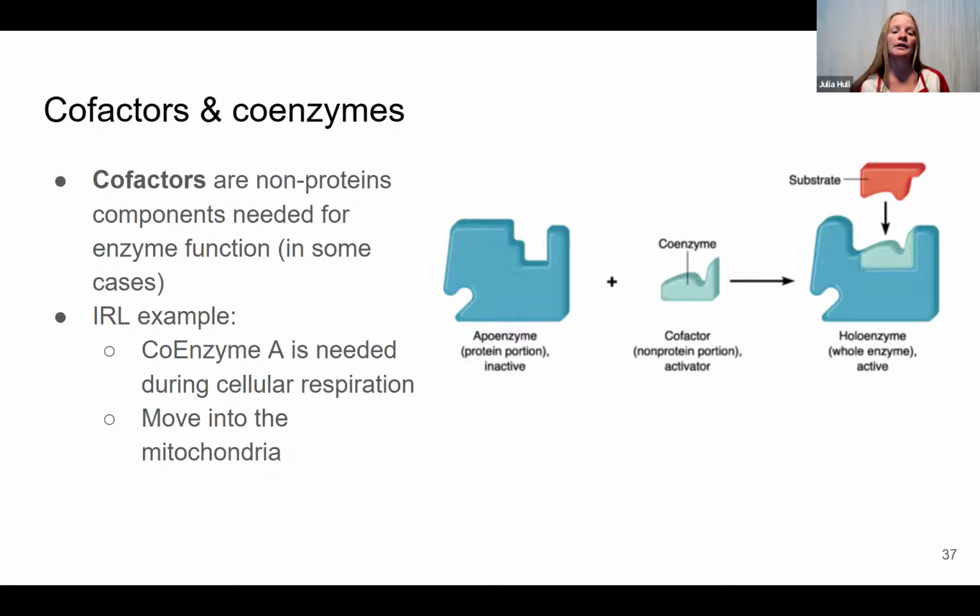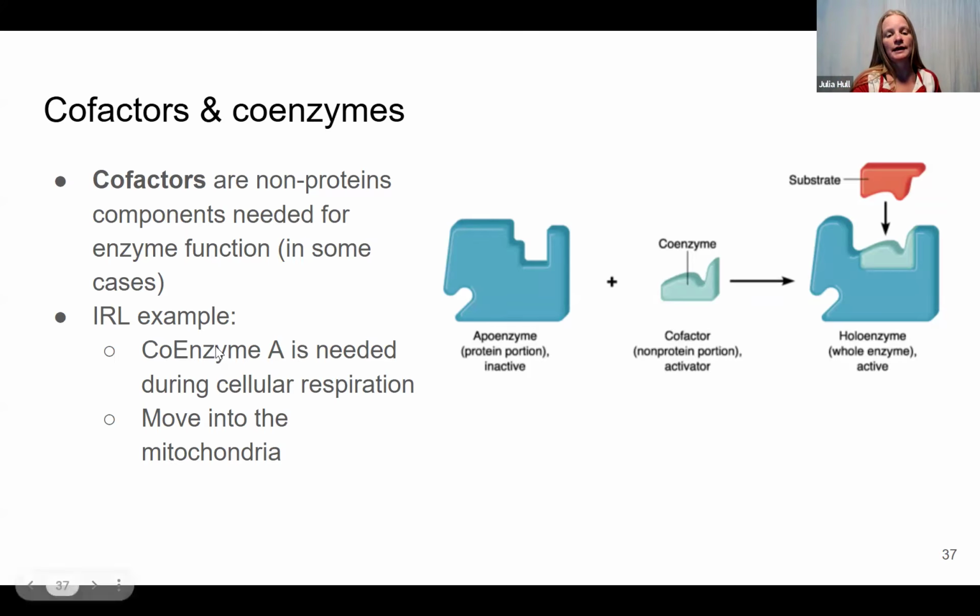So an example that we'll talk about is when we're taking our glucose molecule and we're breaking it down so that we can produce ATP. In one of the steps, we need a coenzyme that's going to take that partially broken down sugar molecule and move it from the cytoplasm into the mitochondria.